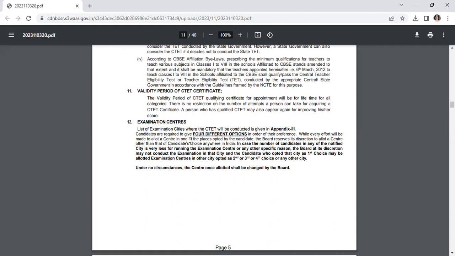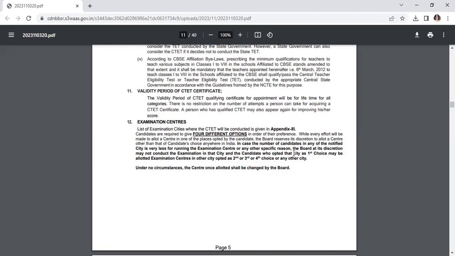Examination center. The list of the examination cities where the CTET will be conducted is given in Appendix 3rd. Candidates are required to give 4 different options in order of their preference, while every effort will be made to allot a center in one of the places opted by the candidates. The board reserves its discretion to allot a center other than that of the candidate's choice anywhere in India in case the number of candidates in any other notified city is very less for running the examination center or any other specific reason.